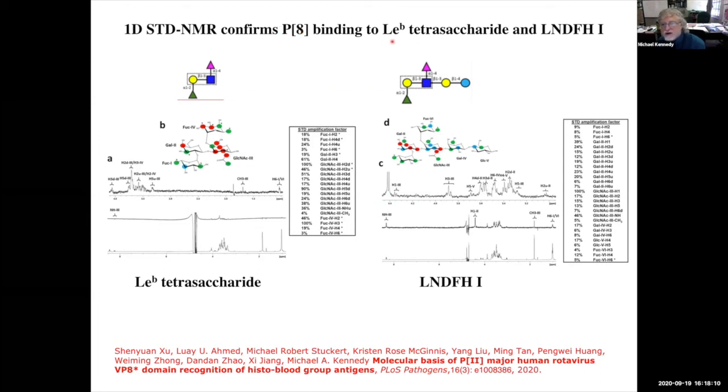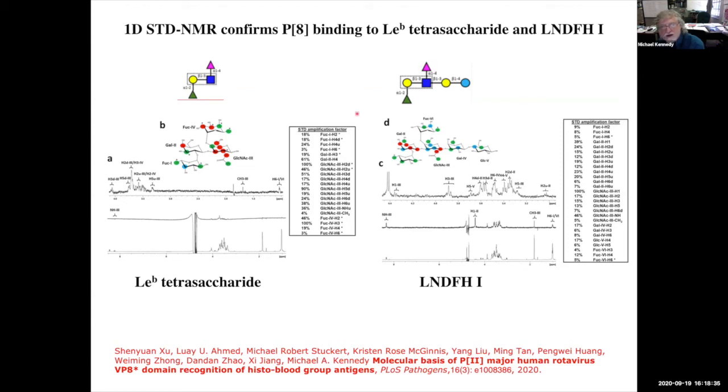Based on the saliva binding assays done by our collaborator at Cincinnati Children's, he identified the lead molecules. In this case, we have a tetrasaccharide, which has both the secretor fucose and the Lewis fucose, and we have another one that's a little bit longer that also contains the secretor fucose and the Lewis fucose.